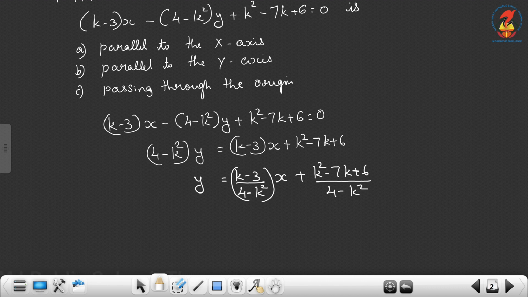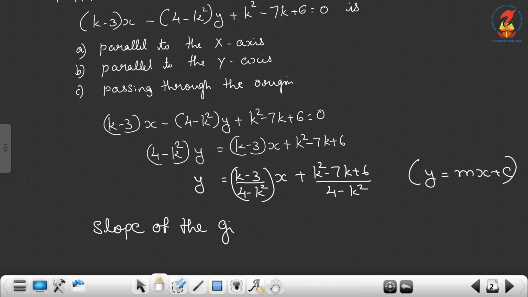Now, this is in the form y is equal to mx plus c. So, what is the slope of the given line? The notation for slope is m, and m is equal to (k minus 3) by (4 minus k square).